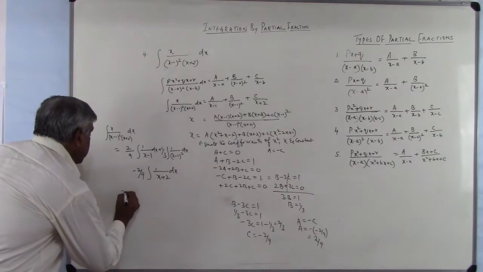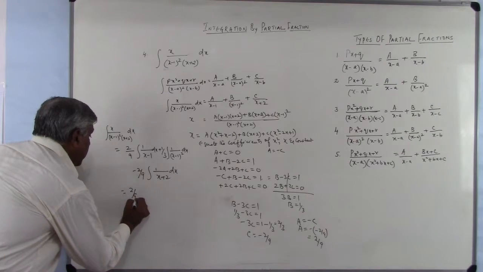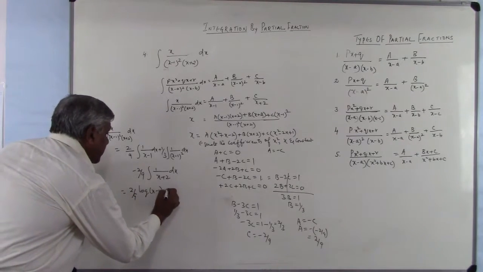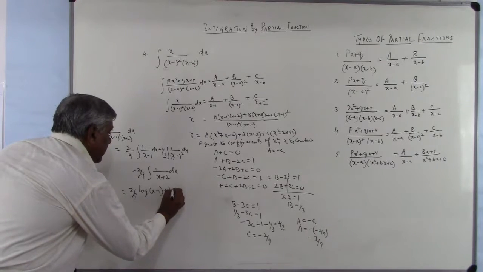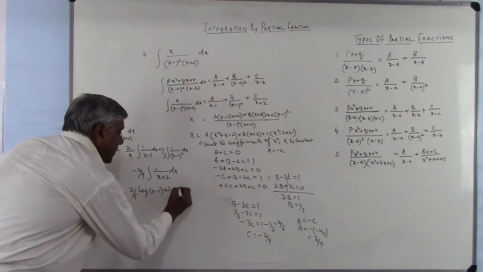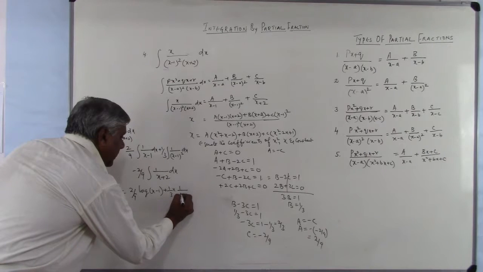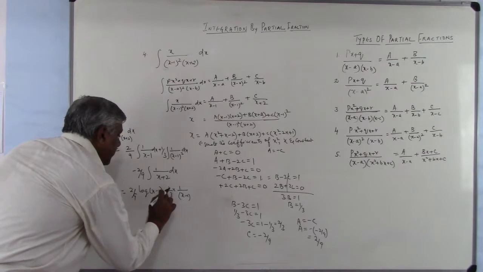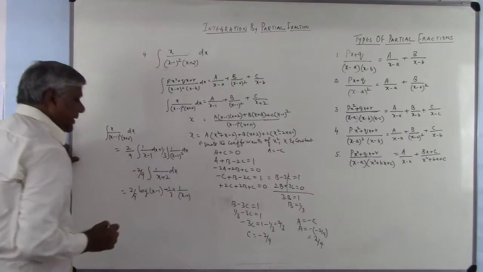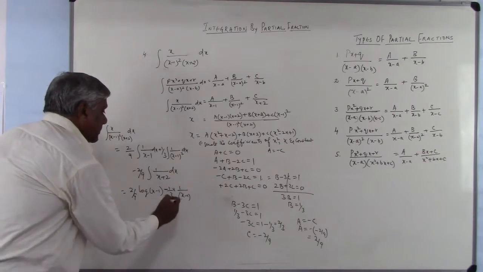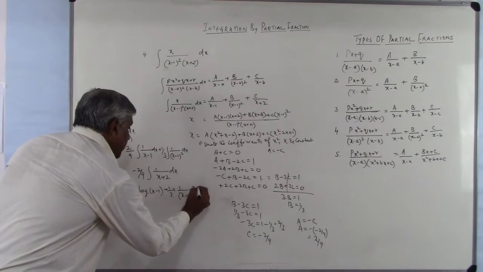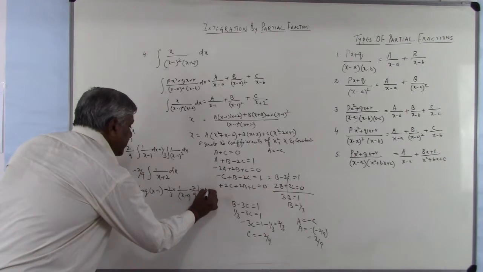Now this becomes 2 by 9 log of x minus 1, plus 1 by 3 into, this becomes minus 1 over x minus 1, minus 2 by 9 log of x plus 2.